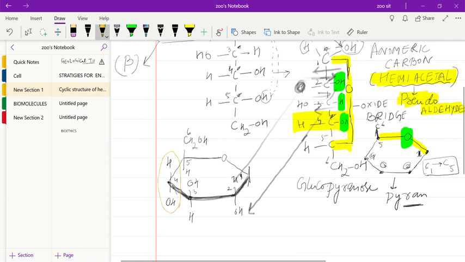So if OH is present in the lower plane, this structure will be called D-glucopyranose. But depending upon carbon number 1, which is called the anomeric carbon, carbon number 1 is known as the anomeric carbon.